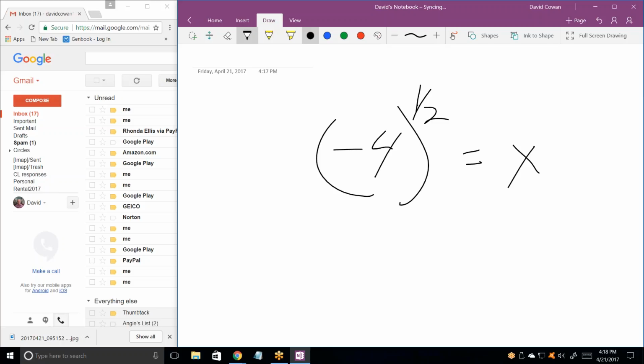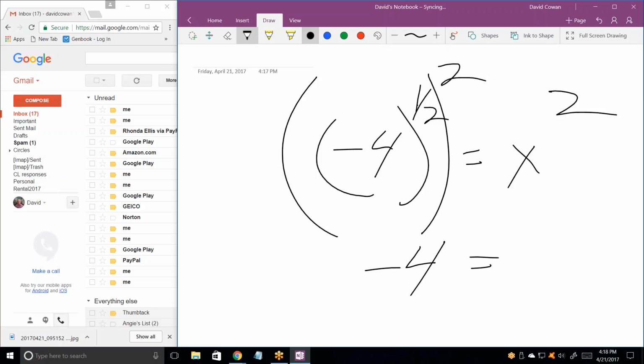What would your first step normally be? It would be to exponentiate both sides by 2, by squaring it. So now I get minus 4 equals x squared. Now, to take the square root of both sides, you can't take the square root of a negative number. In other words, it was a trick question.